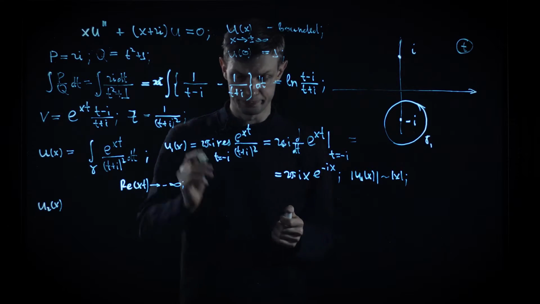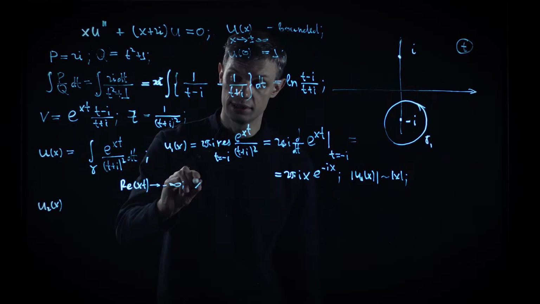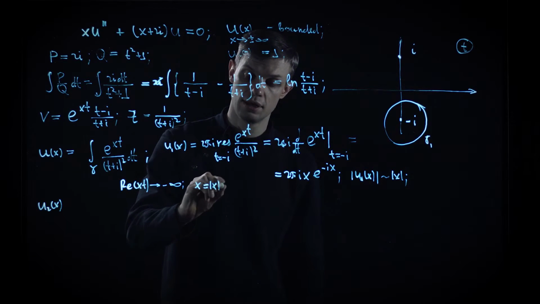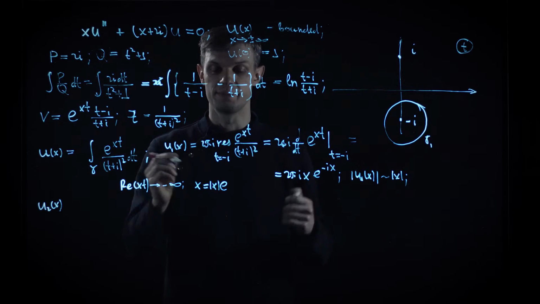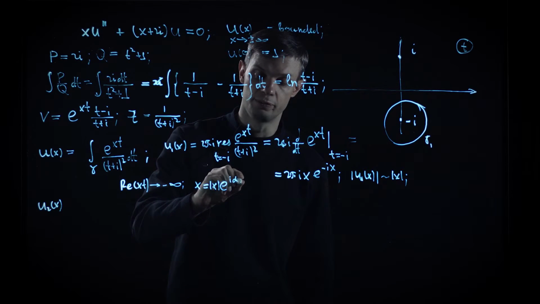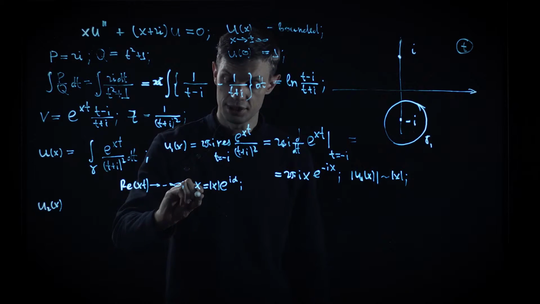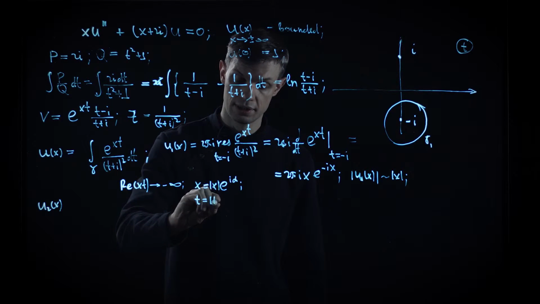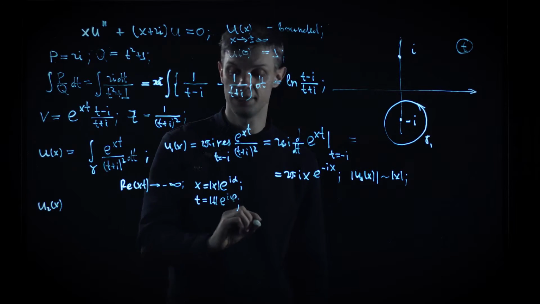And we just need to analyze how this real part behaves at different arguments of x and t complex numbers. Well, suppose x is an arbitrary complex number, and we decompose it into the exponential form. So it's modulus of x times e to i alpha, where alpha is the argument of x. Now t, accordingly, is represented in the same manner.